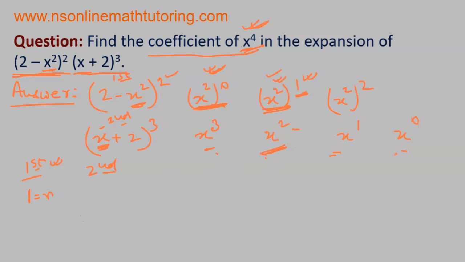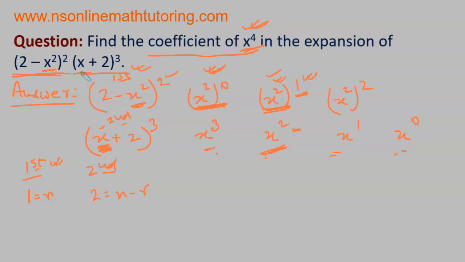But x is the first term. Therefore, the power is 2, no doubt about that. But this is equal to n minus r because x is the first term. That is why I am saying this is slightly more difficult. That is why this is the second question. This is not the first question of this session. Okay?